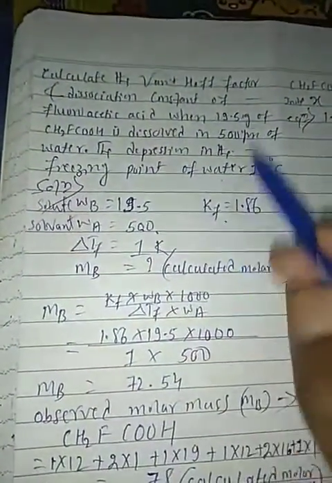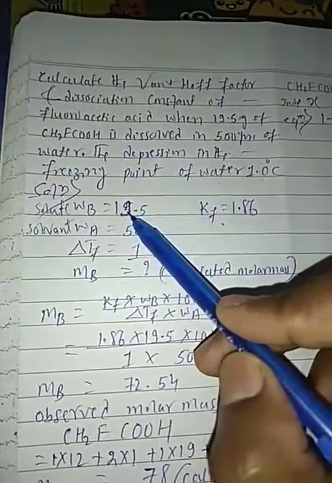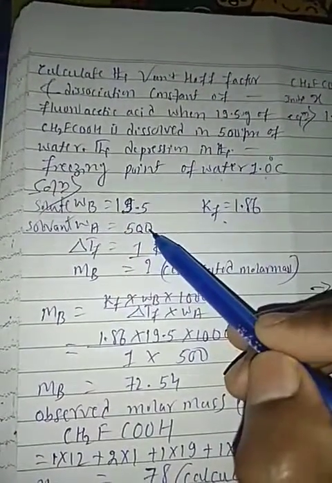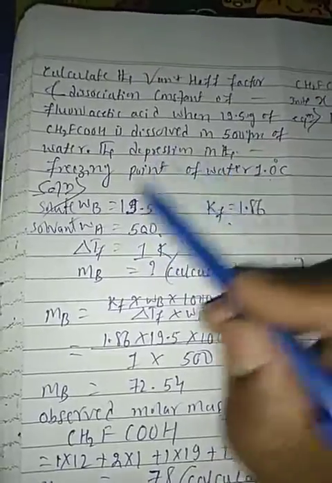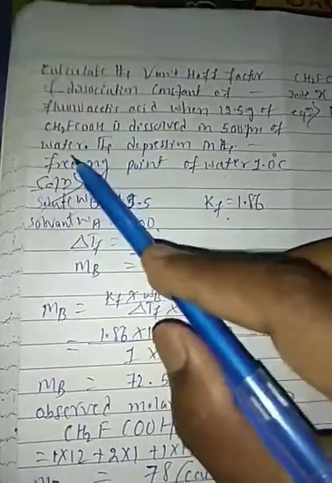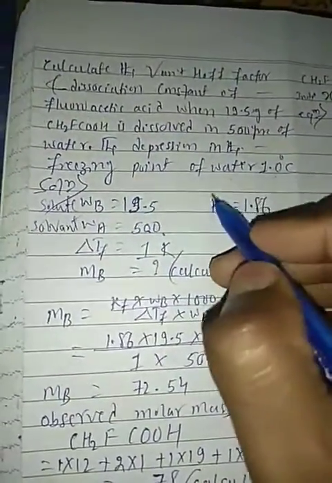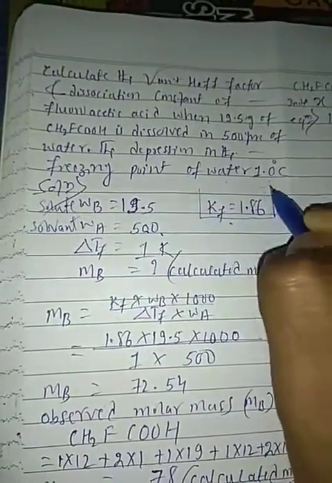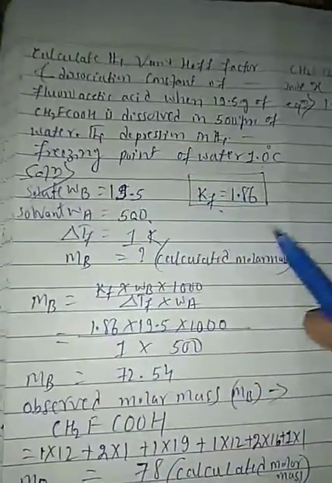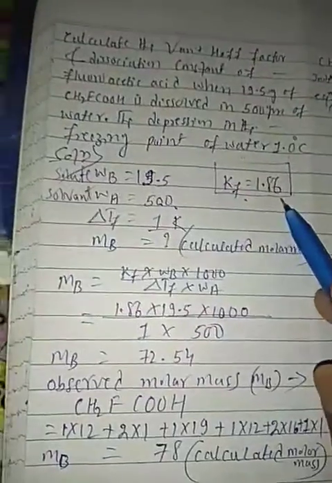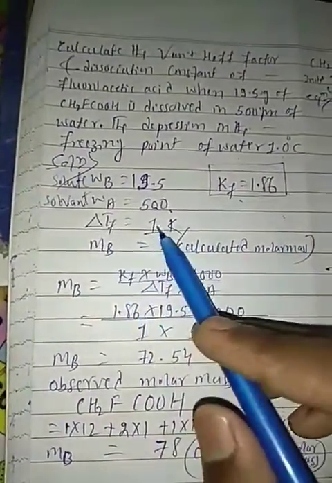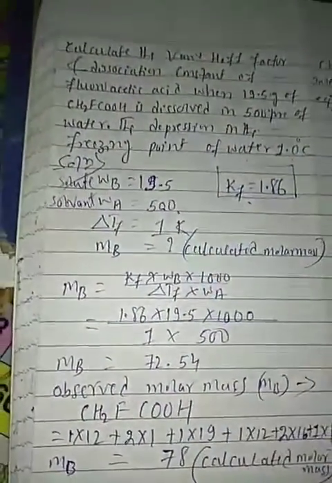Kf is the depression constant. 19.5 gram of solute is dissolved in 500 gram of water, the solvent. The depression constant of water is a constant value. Delta Tf is 1 degree Celsius, considered as 1 Kelvin.